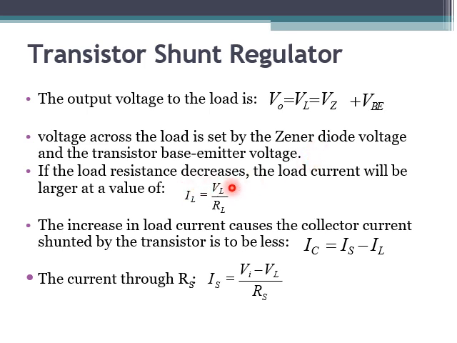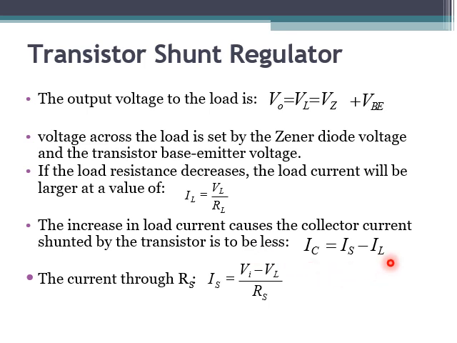If the load resistance decreases, the load current will be larger, at a value of IL equal to VL over RL. The increase in load current causes the collector current shunted by the transistor to be less. So IC equal to IS minus IL.